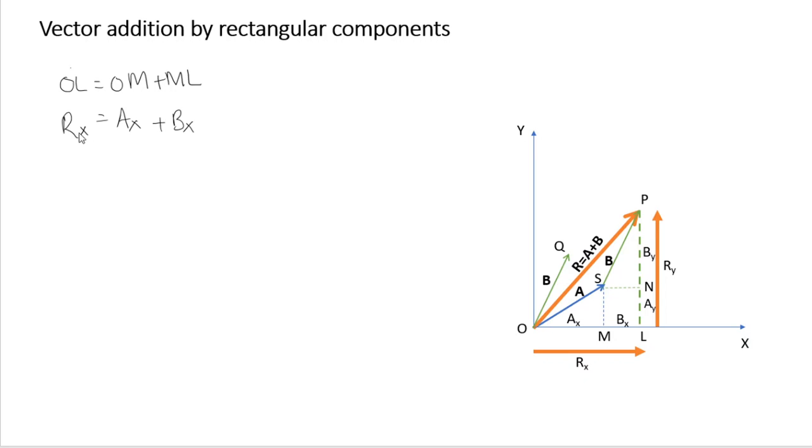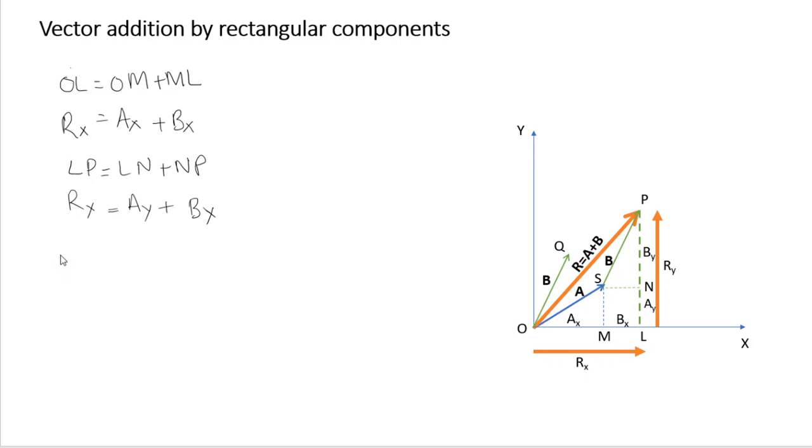Here I'm writing in magnitude form, not in vector form. Similarly, LP equals LN plus NP, where LP is RY, LN is AY and NP is BY. So these two are the y components of vectors A and B.